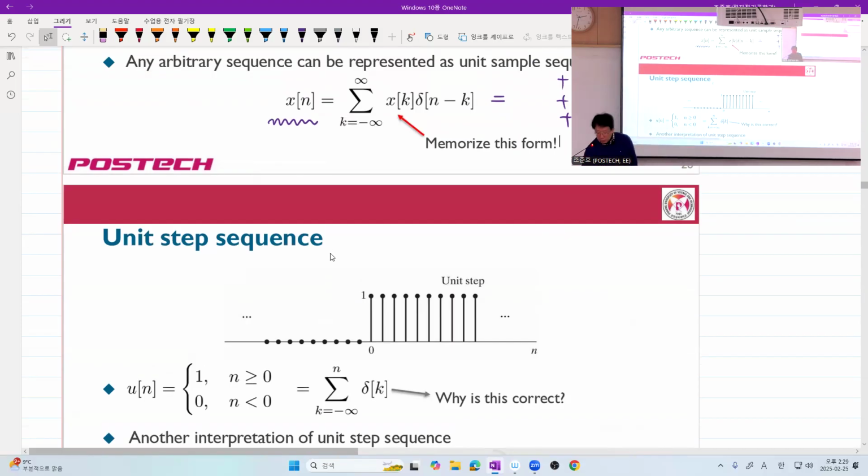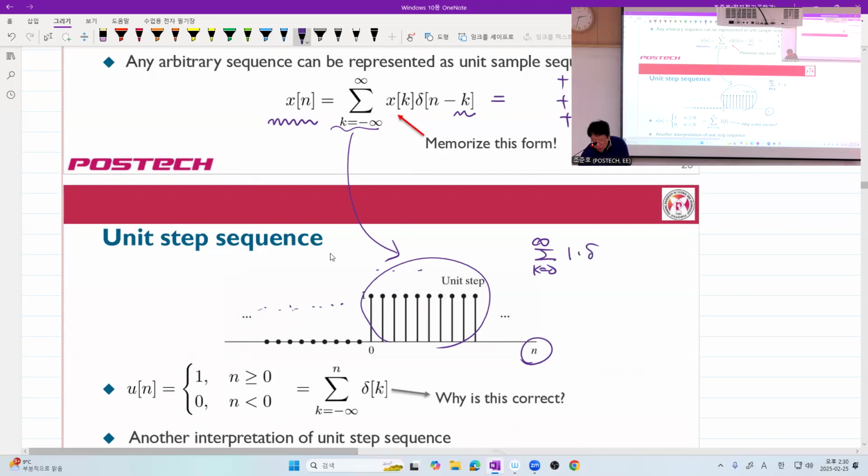And here, all the signal values are 0. And here, all the signal values are 1, for k positive. So here, this summation becomes what? Summation k from 0 to infinity, 1 times delta of n minus k. Got it?